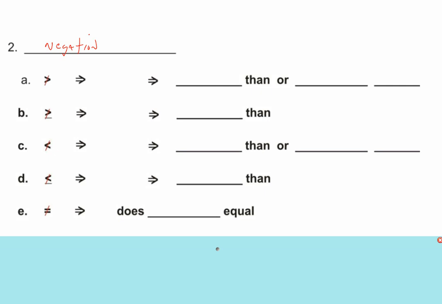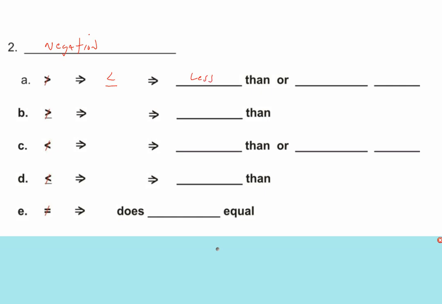Okay, so now we need to go through some possibilities. If we're negating a greater than, then indeed it is less than or equal to, because we're saying not greater than. The line through it says not greater than. Therefore, it's less than or equal to.